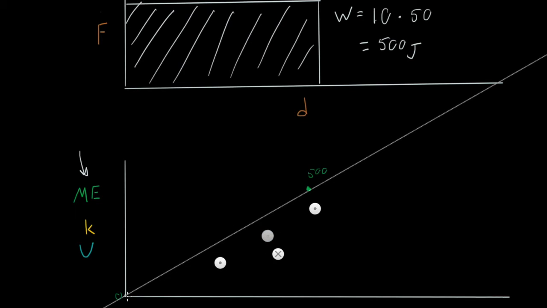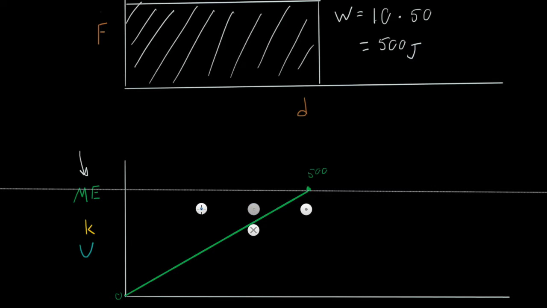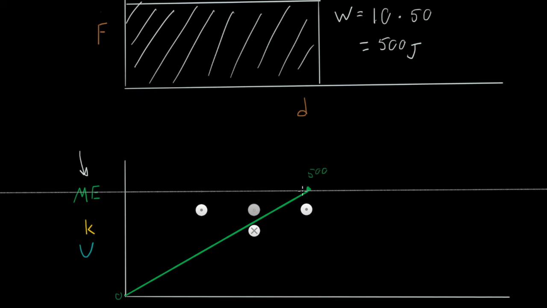As we continue to push this box, I will have an even slope here of my mechanical energy going up. After this point, I no longer apply that force, and so my total mechanical energy, that's almost perfect, will stay the same for the rest of this time.